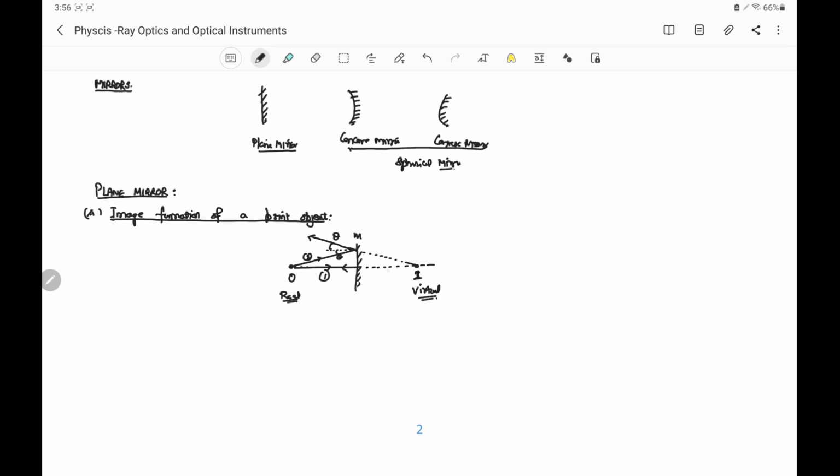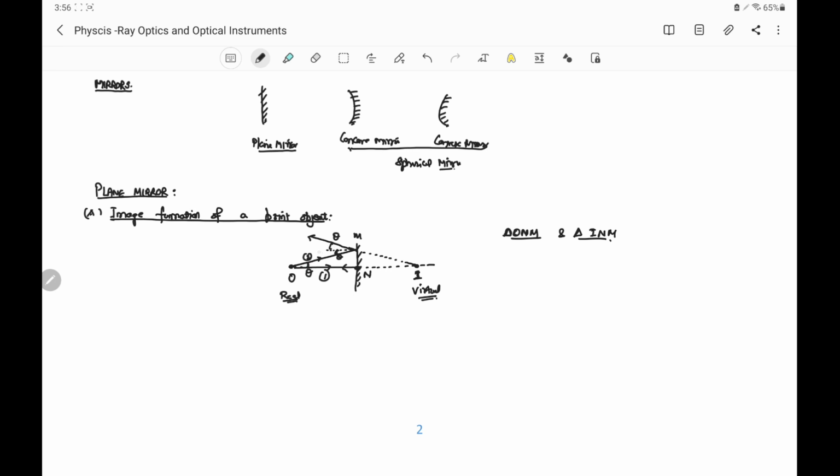In this figure, if we name this point N, we now compare triangle OMN and triangle IMN. Here the angle of incidence at M is theta, and at O, because this is the alternate angle, this angle is also theta.